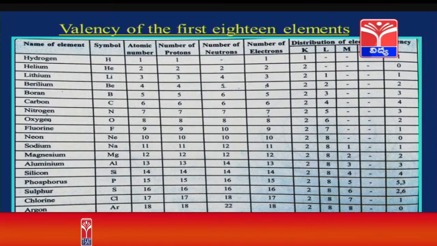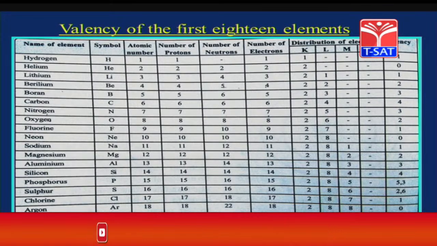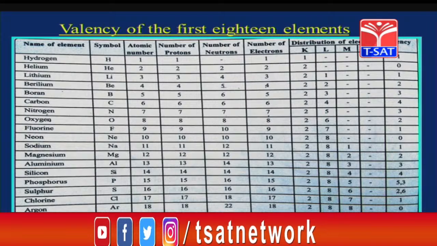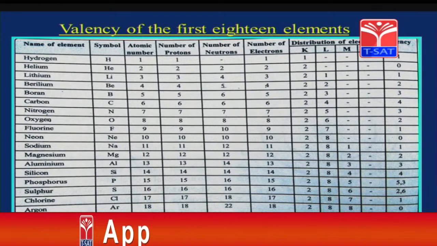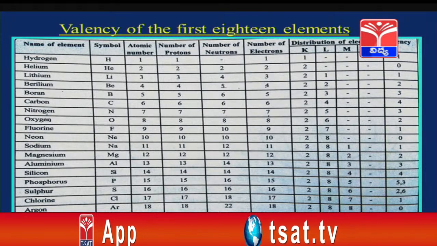For the chlorine atom, the atomic number is 17 and the electrons are distributed as 2, 8, 7. 7 electrons are present in the outermost shell, the M shell. So its valency is 8 minus 7, 1, as with the fluorine atom. And the interesting thing is argon, its atomic number is 18.